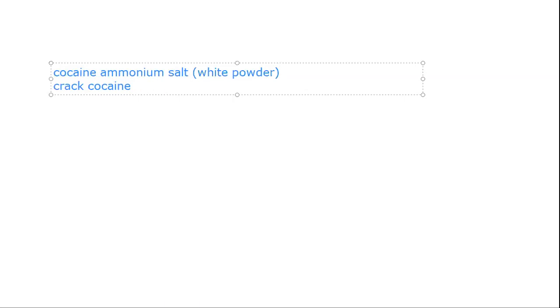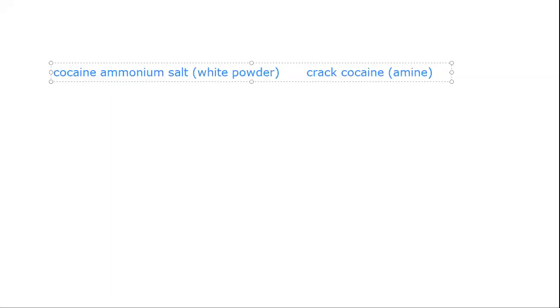Crack cocaine is an amine. That's the difference between cocaine, white powder, and crack cocaine. This is the difference between cocaine, the ammonium salt, the white powder that you see being smuggled illegally on the streets.